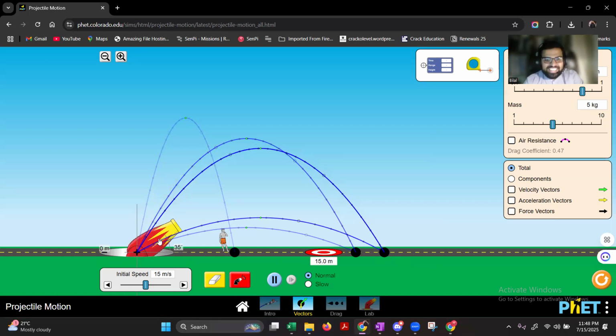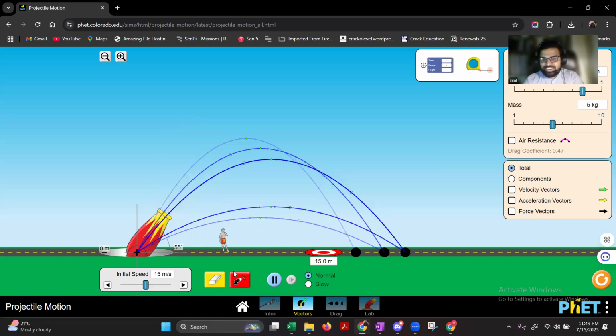Let's change the angle again. If it is, let's say, 35, you will reach this point. Now you should tell me what the coupled angle of this one is. It's very easy. You can just subtract it from 90, and it will be 55. Let me set it at 55.